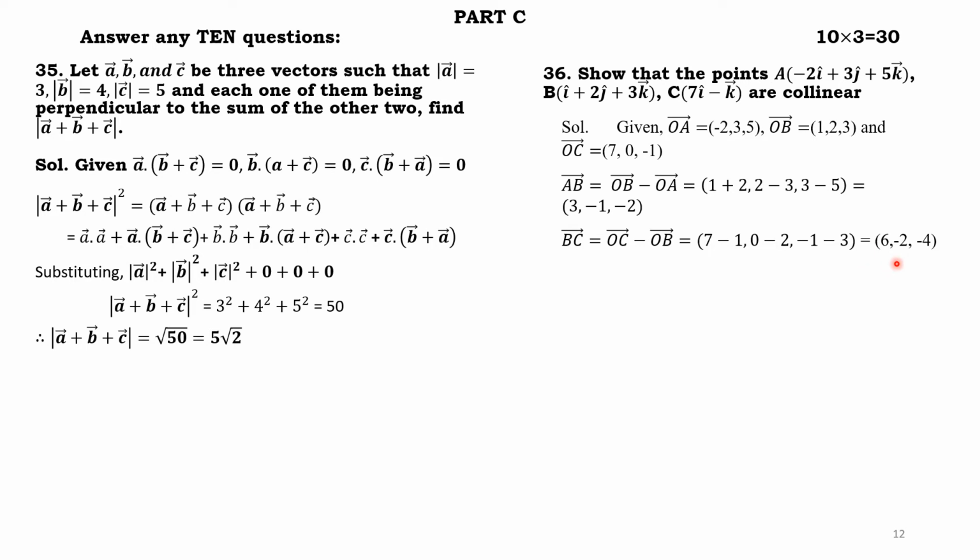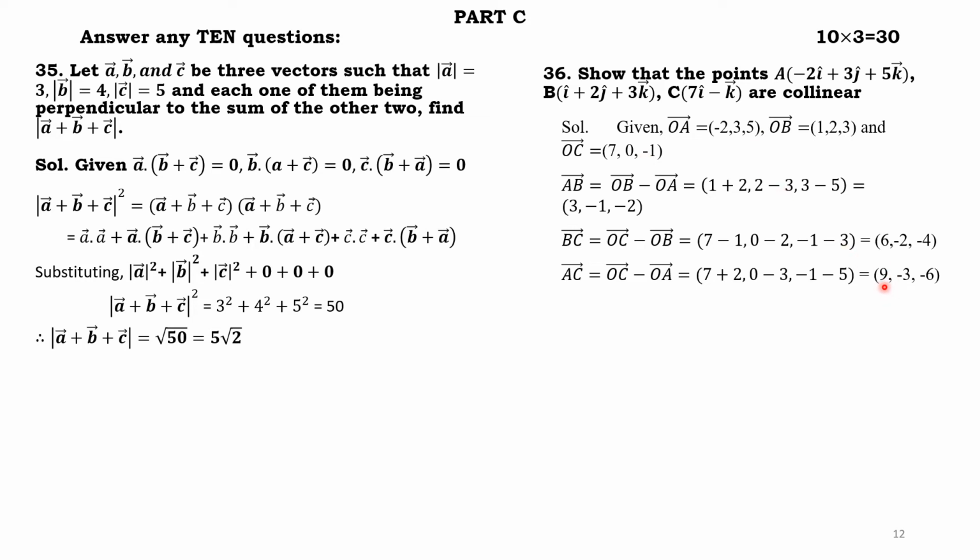So we have found vector AB as well as BC. Now we will find out vector AC. AC is given by the position vector OC minus OA. That is equal to OC is 7, minus of minus 2 is plus 2, comma 0 minus 3, comma minus 1 minus 5.